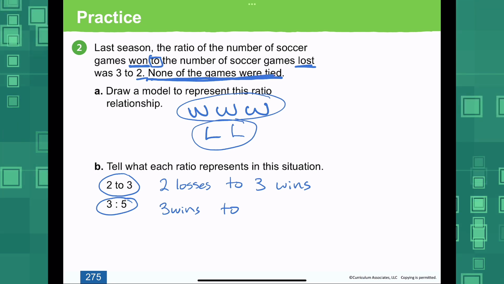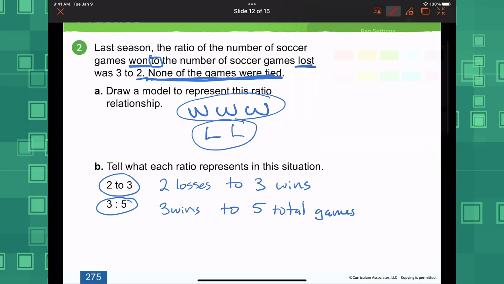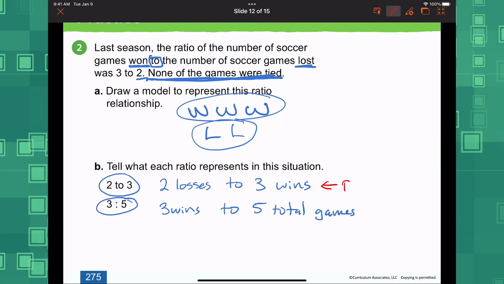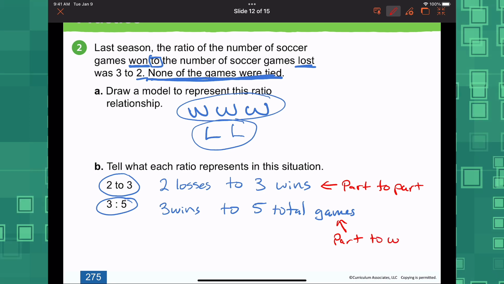So we have 3 wins to 5 total games. Remember what we talked about? We called the first a part-to-part comparison, and we called the second one a part-to-whole comparison.